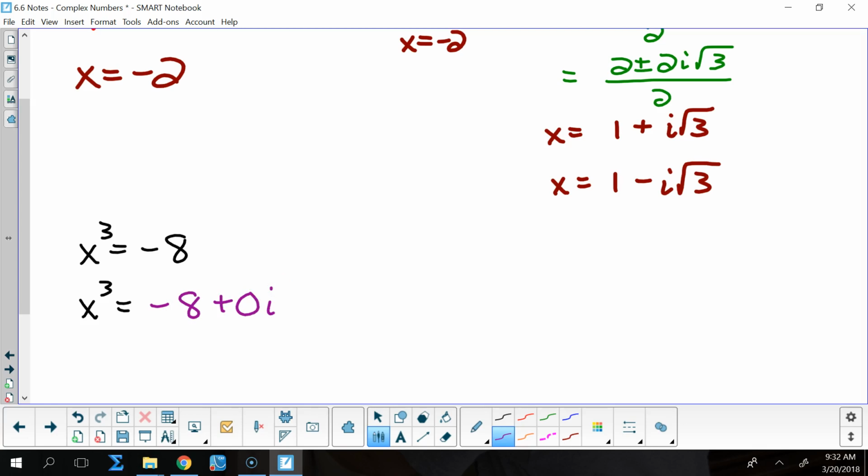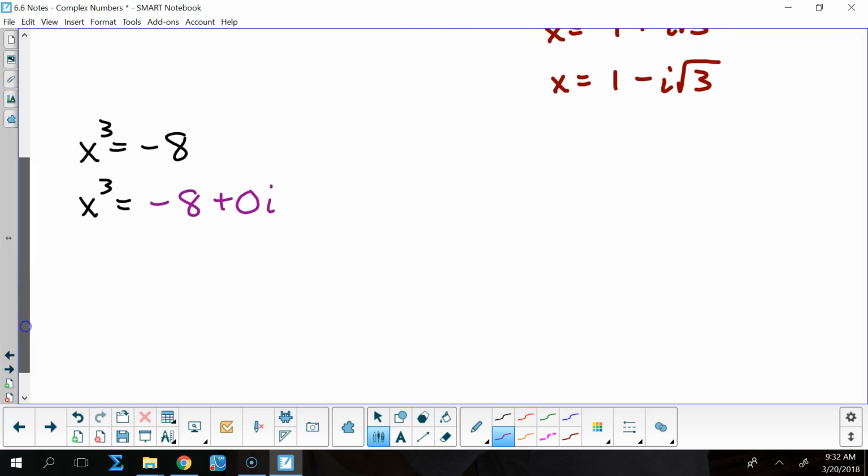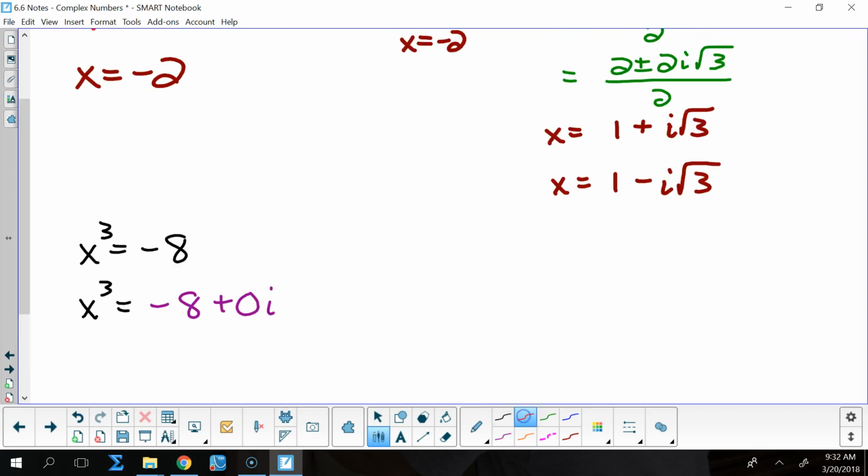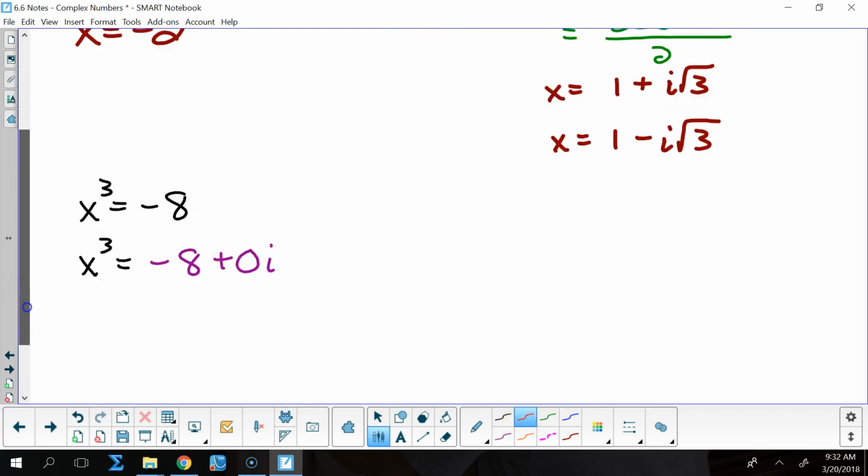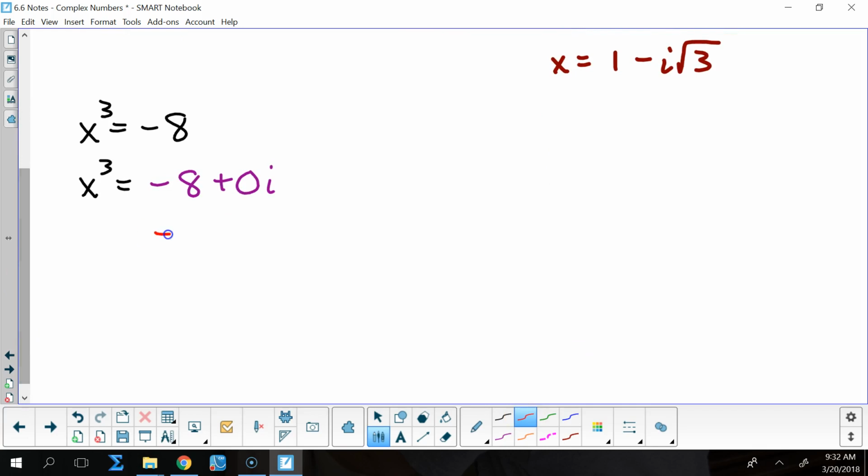And then we said, let's take the cube root of both sides. Yes? Okay. Well, taking the cube root of both sides is actually taking negative 8 plus 0i to the 1/3 power.